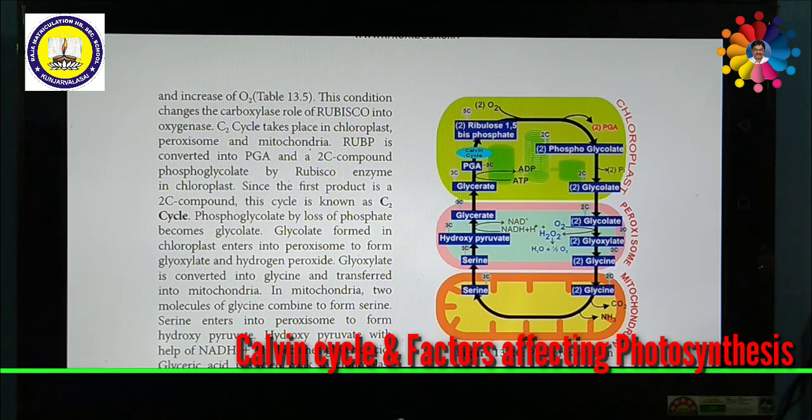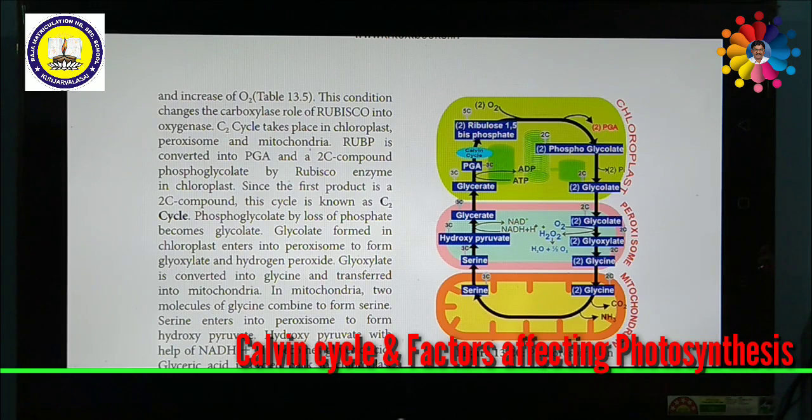Photorespiration involves chloroplast, peroxisome and mitochondria, but dark respiration is involved only in mitochondria. Photorespiration does not involve glycolysis, Krebs cycle and electron transport system, which can be studied in the next chapter in respiration. But dark respiration involves glycolysis, Krebs cycle and electron transport system.